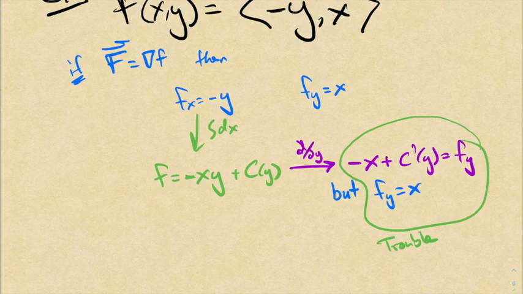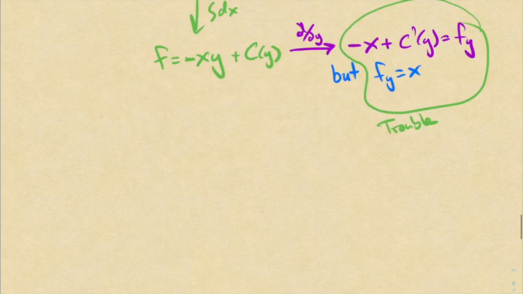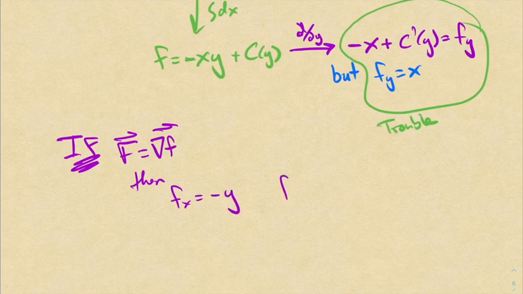We haven't proved it yet. Basically what we found is that we're having trouble finding one. But let's check this out. If big F is a gradient vector field, then, as we said above, f_x is equal to minus y and f_y is equal to x.